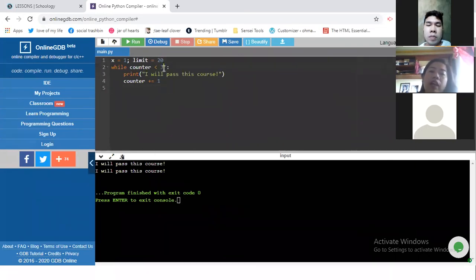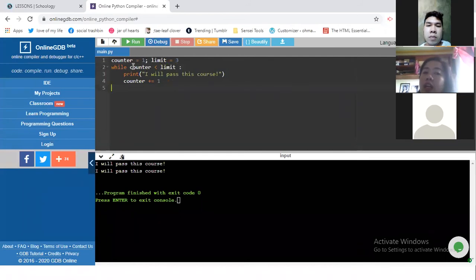Ay, ba't 3 yun na nga? Sorry. Ang mali pala dito sa kanina, dapat hindi 3 to. Pwedeng wala kayong limit na variable, tapos nandito na yung limit natin. Or pwedeng ganito yan. Sorry, na-miss ko yan.